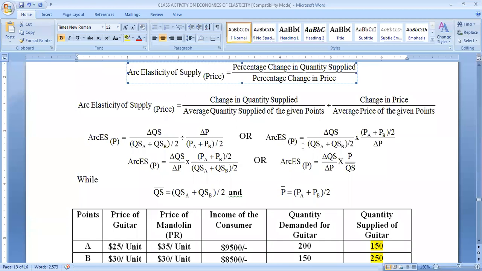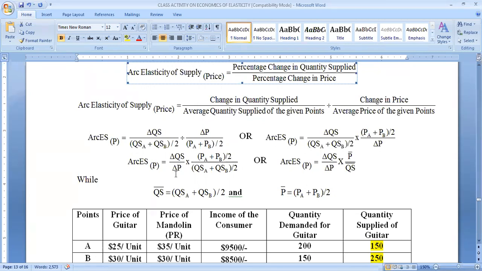The division sign will be replaced with the sign of multiplication, and now the entire formula has become delta QS over average quantity supplied of 2 points multiplied by average price of 2 points divided by delta P. Then in the next step, the delta terms have been written into one fraction.